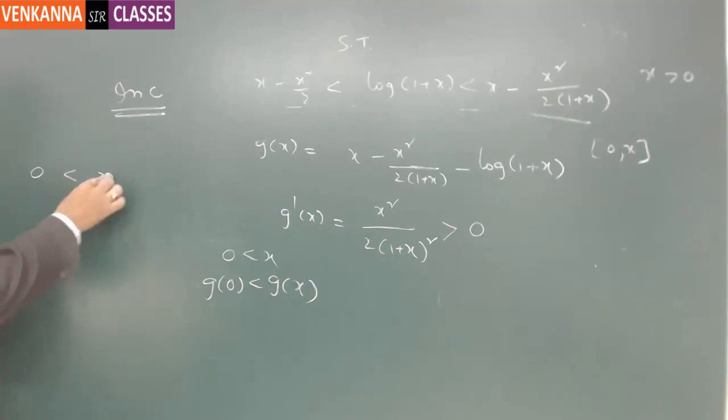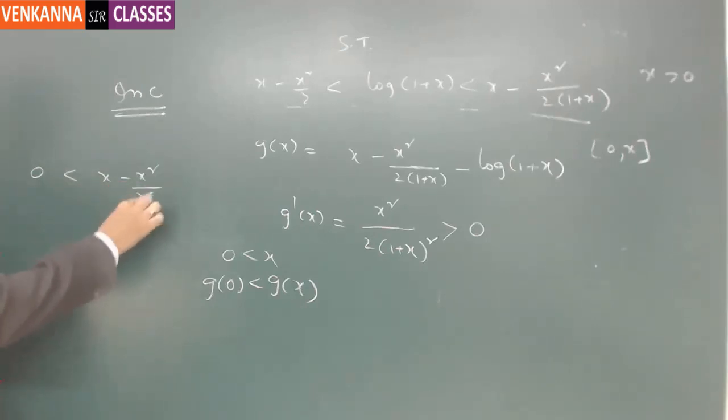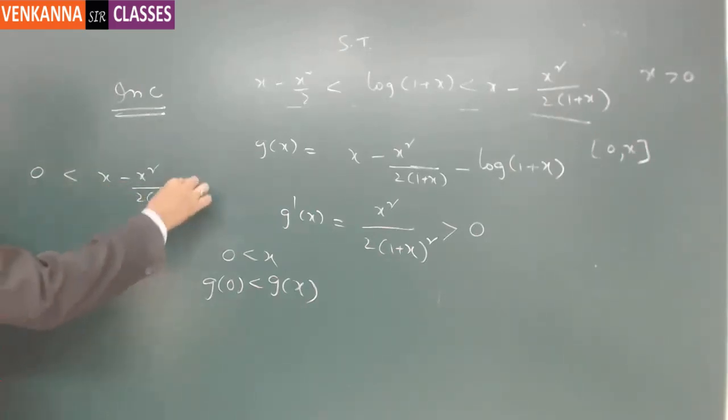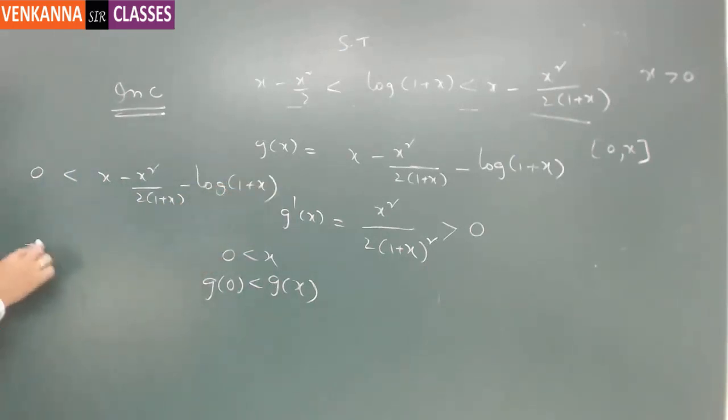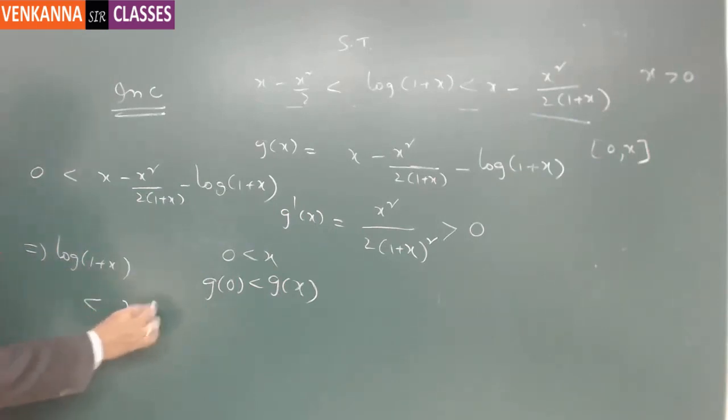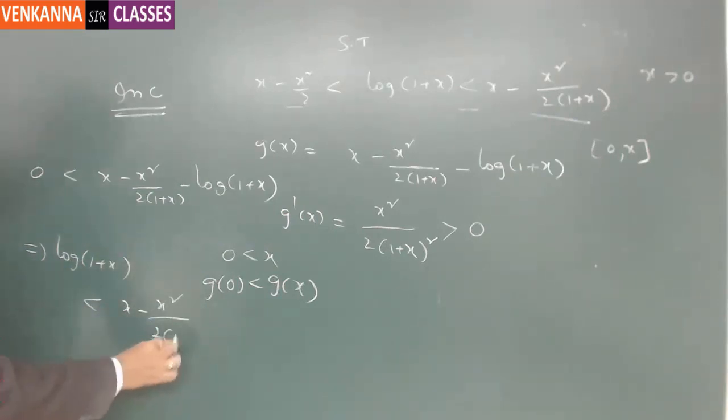So 0 is less than x minus x square by 2 into 1 plus x minus of log of 1 plus x, which gives that log of 1 plus x is less than x minus x square by 2 into 1 plus x. So this was the whole idea in proving the inequalities.